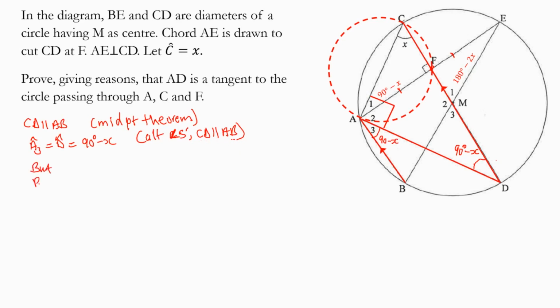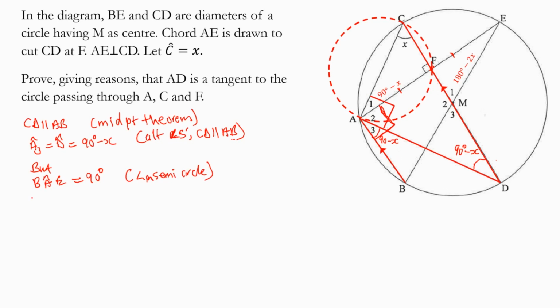But angle BAE is equal to 90 degrees, so this angle here is also 90 degrees, since BE is a diameter. It's an angle in a semicircle.